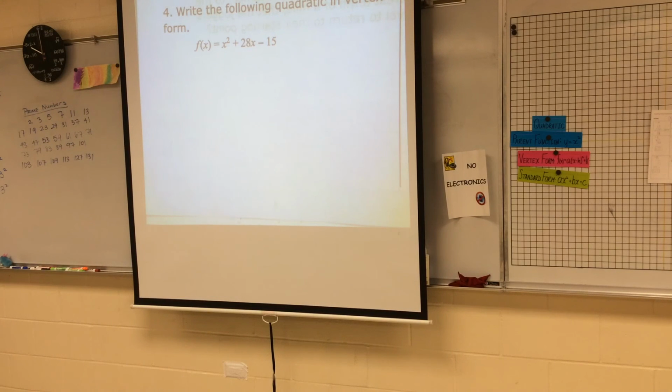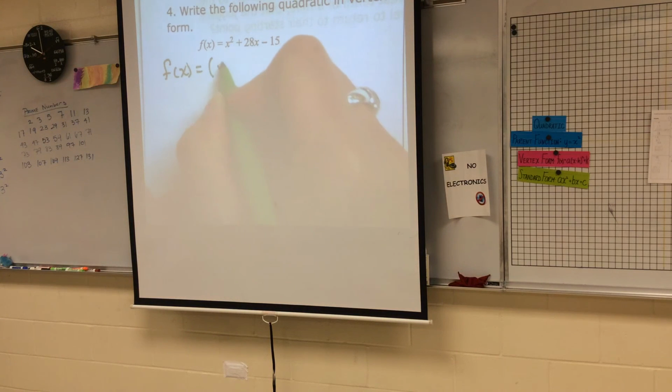So what we want to do is make a perfect square trinomial so that we can write this in vertex form. So I'm going to say f of x equals x squared plus 28x plus some number. And we're going to fill that in with what would make this a perfect square trinomial.